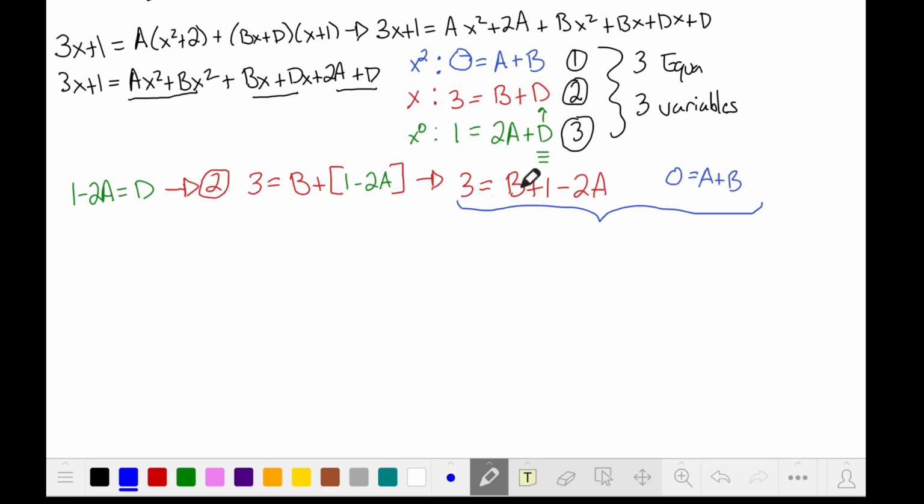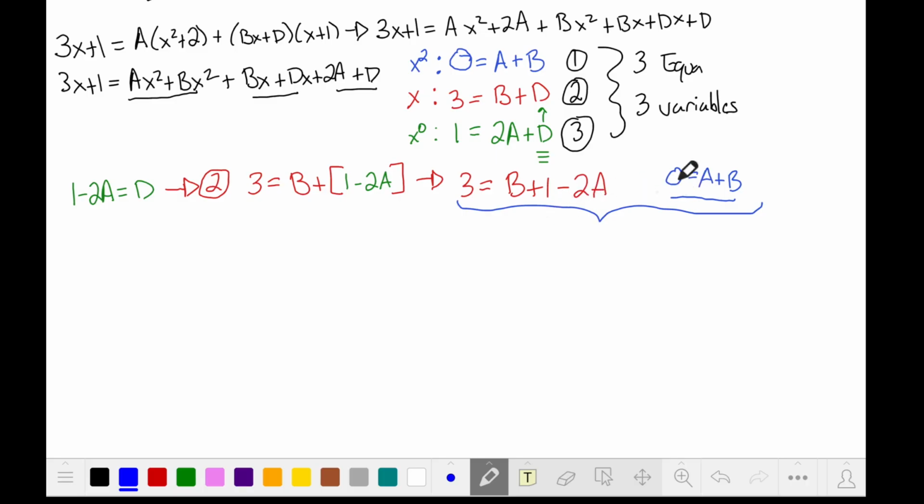I could solve the red equation in terms of B or A, or I could solve the blue equation in terms of B or A. For me personally, it's going to be a lot easier to work with the blue because it's a lot easier to isolate than the red one.